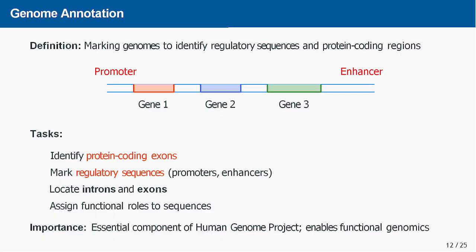It will identify the protein coding exons, mark the regulatory sequences by identifying promoters and enhancers, locate the introns and exons, and assign functional roles to sequences. So it is very important in the Human Genome Project and enables functional genomics.